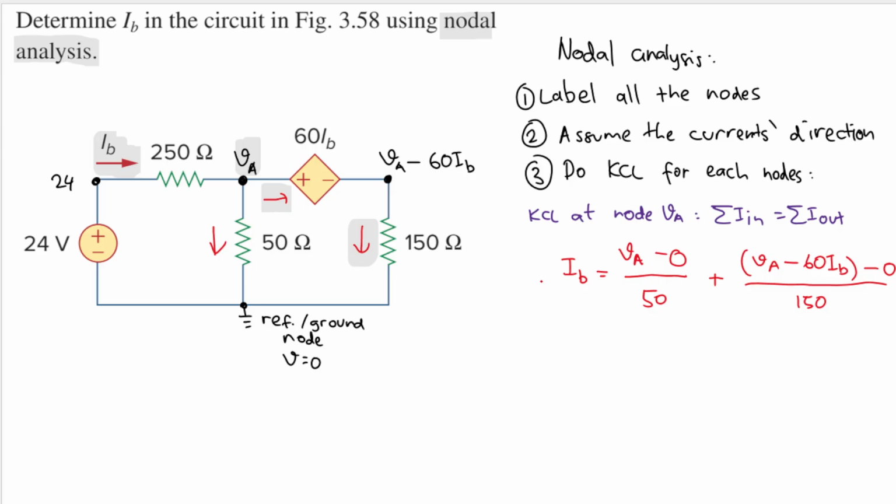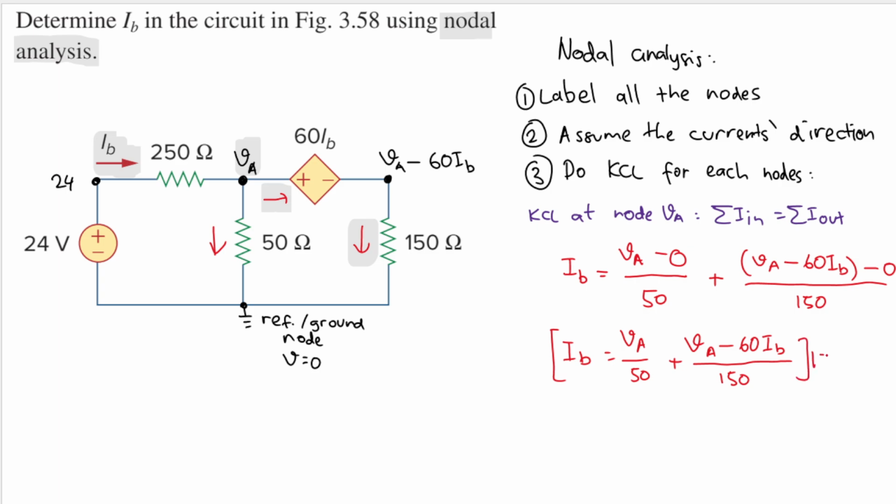Now let's simplify things. We will have IB is equal to VA over 50, plus VA minus 60 IB over 150.